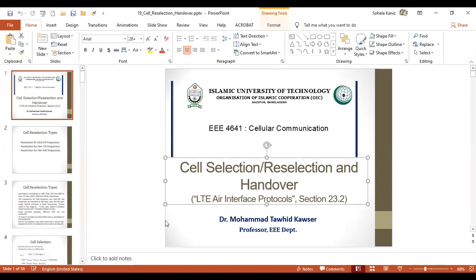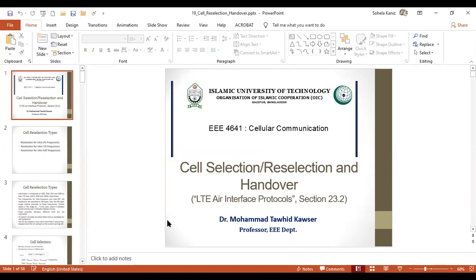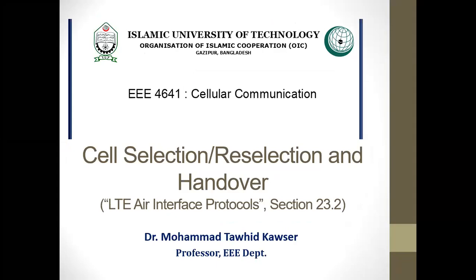So what are they? We can see that there are three types of processes: cell selection, cell reselection, and handover. Okay, really, there are three processes.